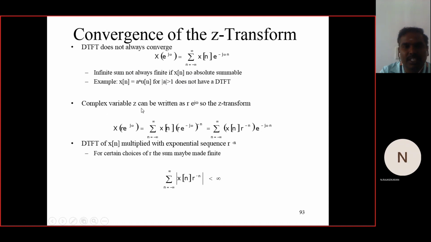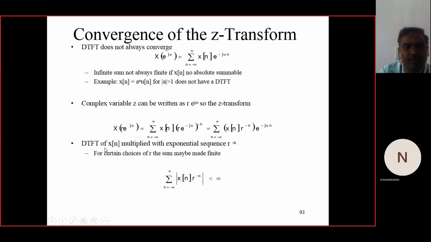So the complex variable z can be written as r e power j omega. So the Z transform X of r e power j omega is nothing but summation of n equal to minus infinity to plus infinity x of n. Instead of this z, we represent r e power j omega whole power minus n. So again, n equal to minus infinity to plus infinity x of n r to the power minus n into e power minus j omega n.